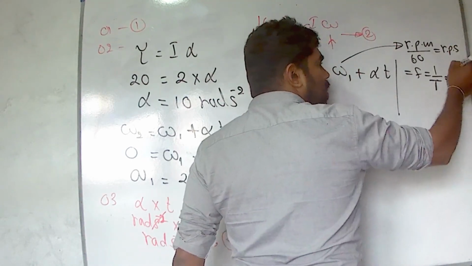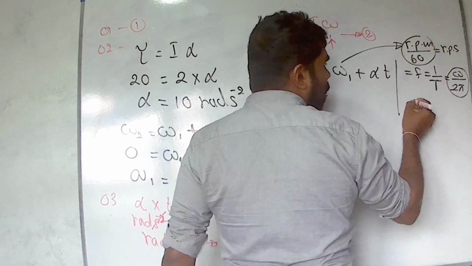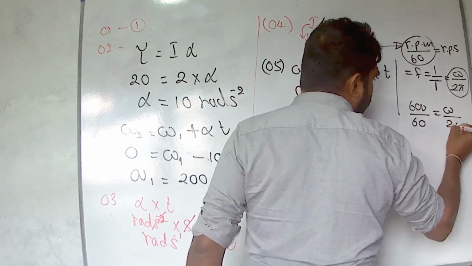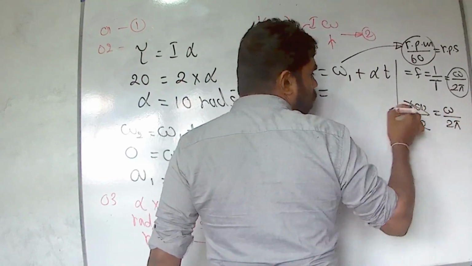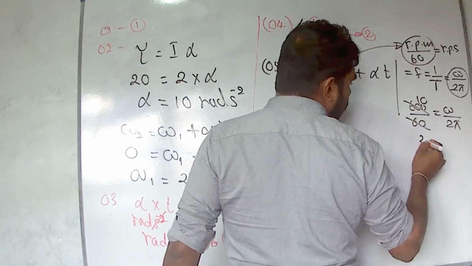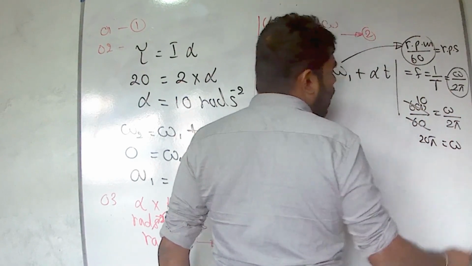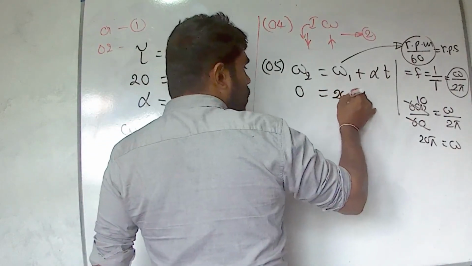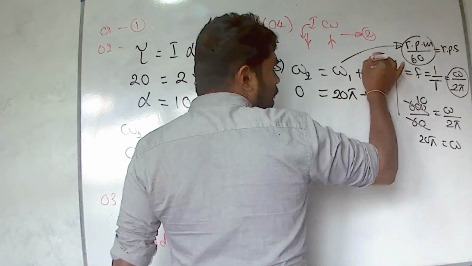We can equate this part and this part. Then rpm 600 divided by 60 equals omega divided by 2 pi. We can cancel out, 10, 2 pi times 10 gives omega. It is the initial angular velocity of the object. We have to find the retardation.